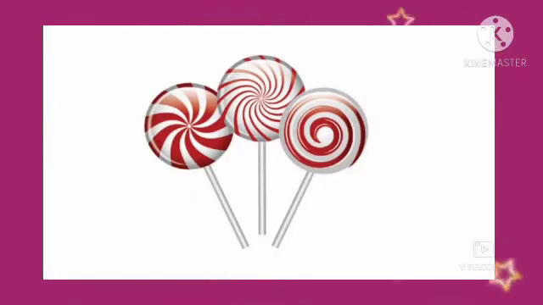Look at the picture. What are they? They are 3 lollipops. Here, each lollipop is of spiral shape. Each spiral shape makes iterative patterns, which is repetition of patterns.